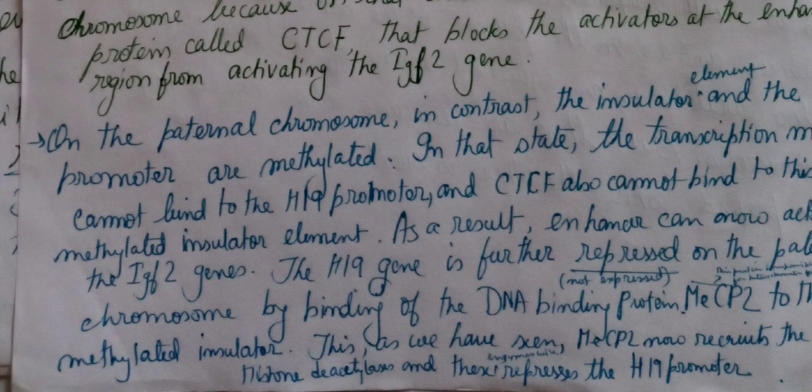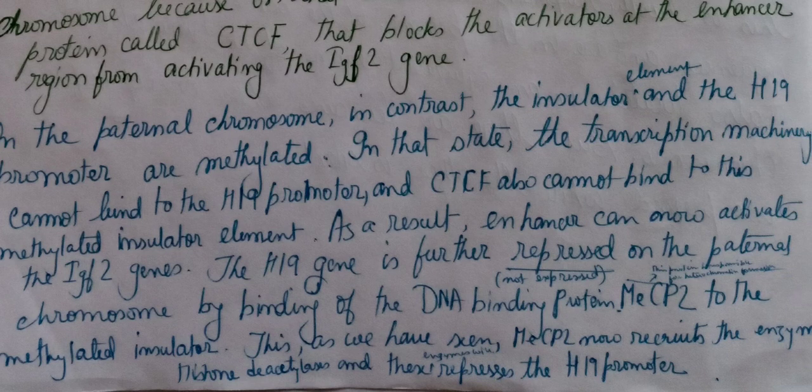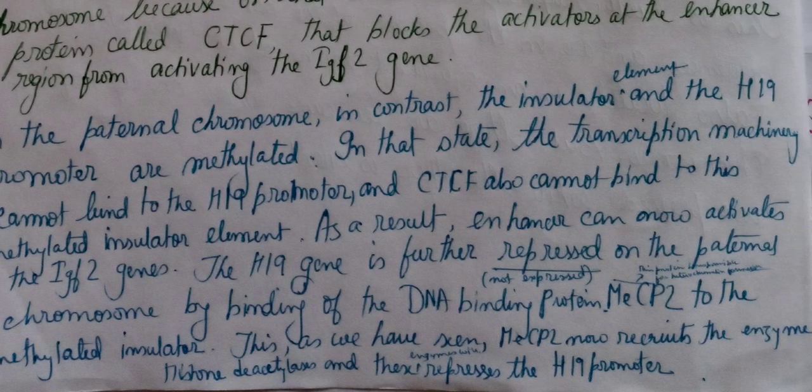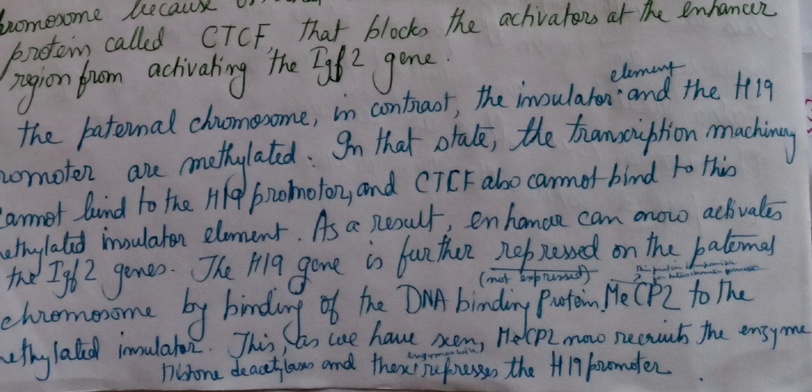Okay, the H19 gene is further repressed on the paternal chromosome by the DNA binding protein called MECP2. MECP2 binds to the H19 gene of the paternal chromosome for more repression of the H19 gene.